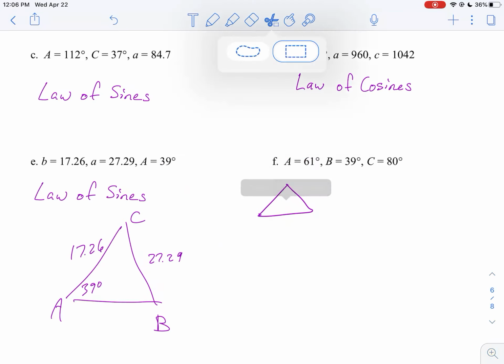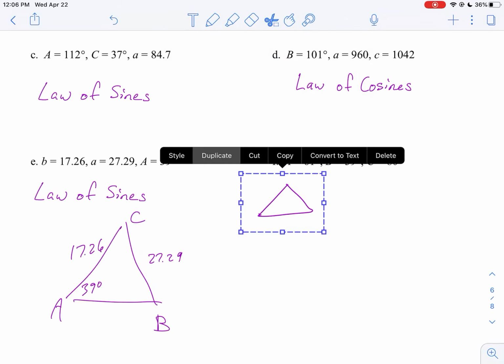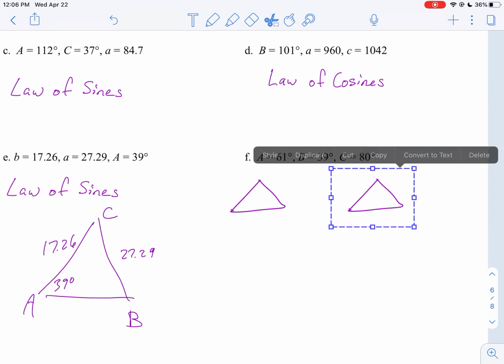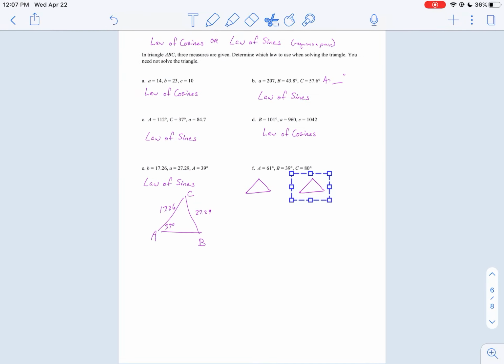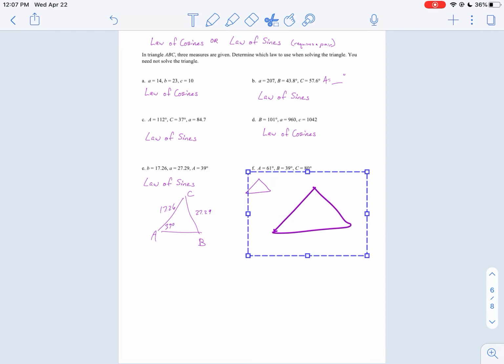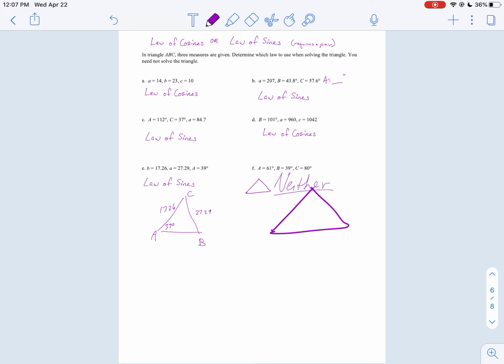And so if you only have 3 angles, you know a little bit about the shape of the triangle. It's shaped like this, but you don't know how big it is, and you'll never be able to find out how big it is unless you have more information. So this one is neither. And that is a little information on how to determine whether to use the law of sines or law of cosines.